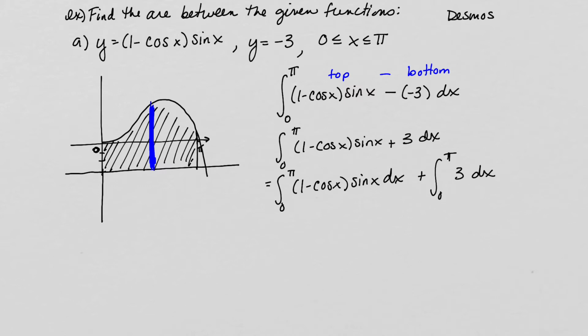So in this case, if you did a u substitution, if you let u be the stuff inside the parentheses, the 1 minus cosine x, du would turn out to be, so the derivative of cosine is negative sine, but you have that negative already. So du is going to be just sine x dx. So this is going to become the integral from x equals 0 to x equals pi, so I remind myself those are x limits, of u du.